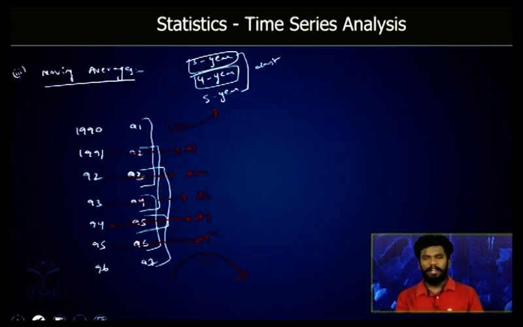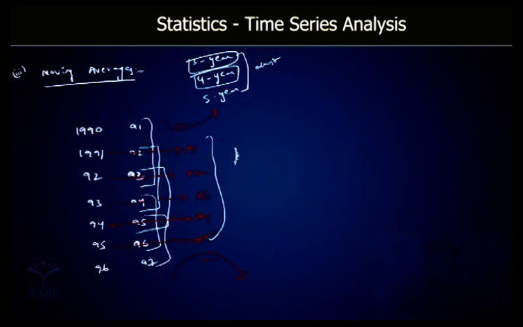Now, these A1, A2, A3, A4, A5 are called 3-year moving averages. Okay, that's how we find the moving averages. That is enough for finding values.